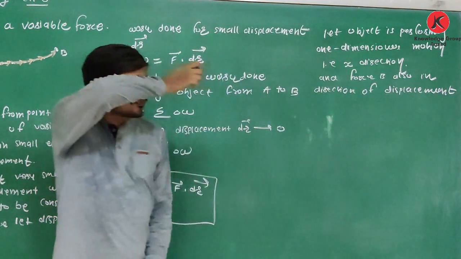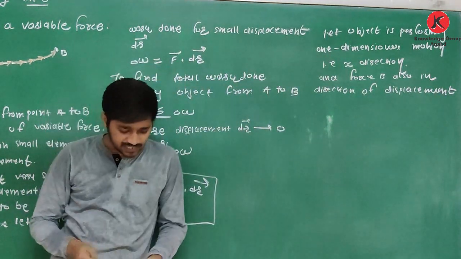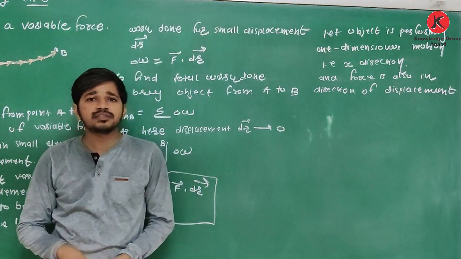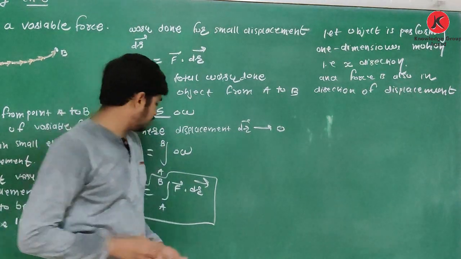So when force and displacement are in the same direction, the angle between them is 0. Then how to reduce this equation?